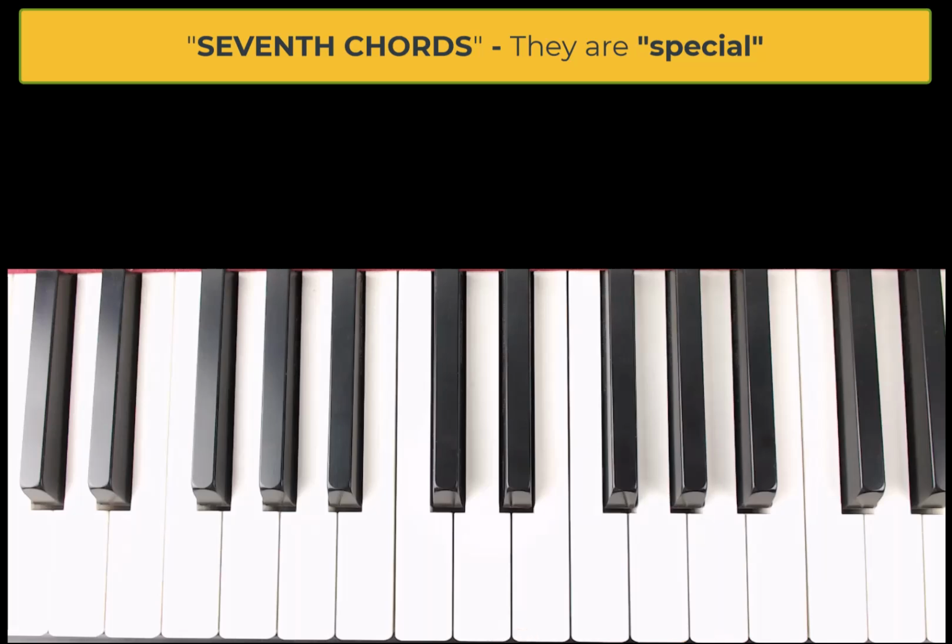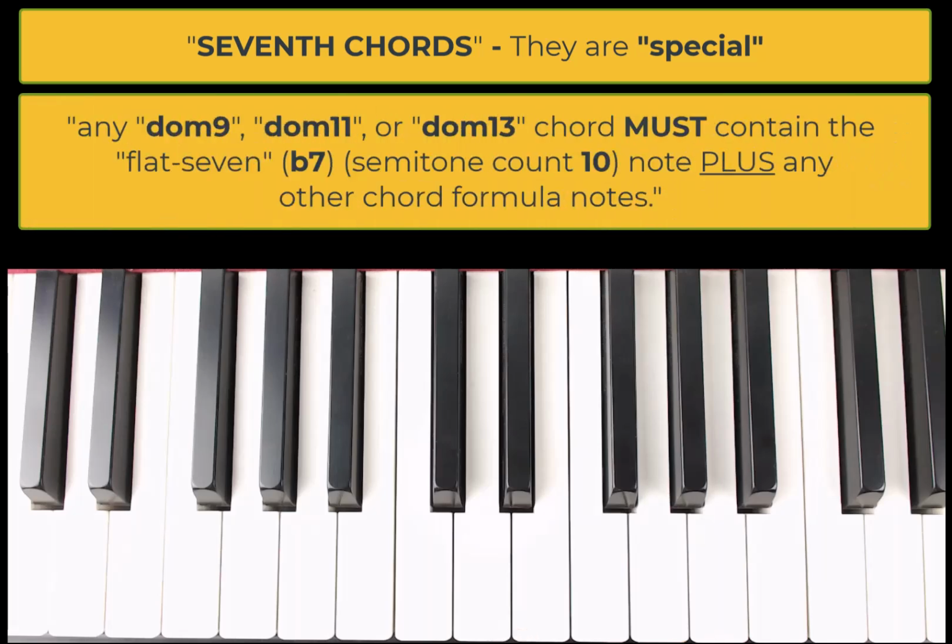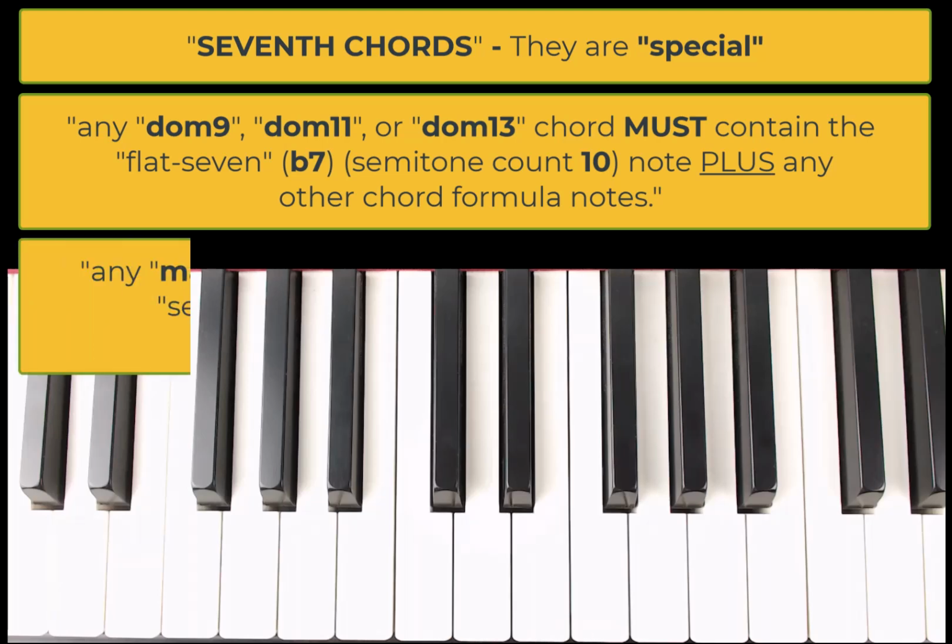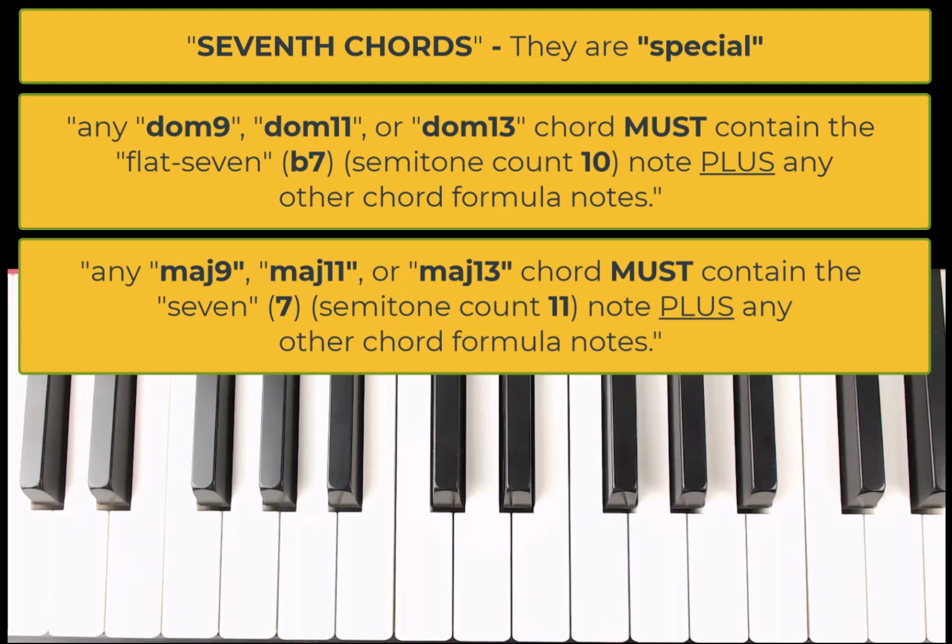Another way to say that: any dominant 9th, 11th, or 13th chord must contain the flat 7, the semitone count number of 10, plus any other chord formula notes. And any major 9th, major 11th, or major 13th chord must contain the 7 note position number, or the semitone count number of 11, plus any other chord formula notes. This is why the 7th chords are special.